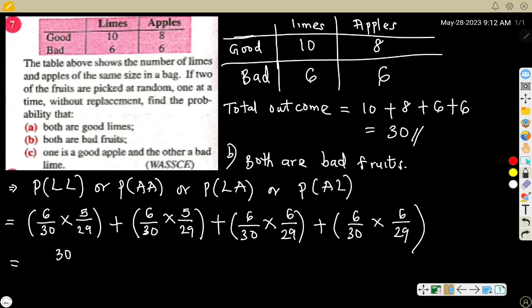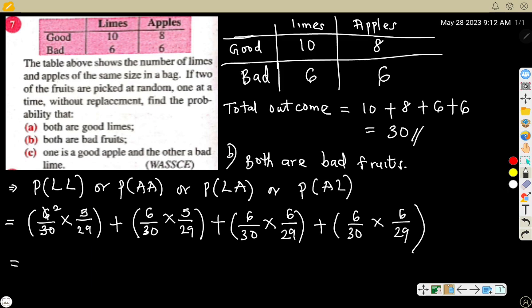So this is 30 over, that is 6 times 5, 30. Or if you reduce, you can still have a common denominator here. So we can still say 3 here 2, 3 here 10. In short, 6 can go.